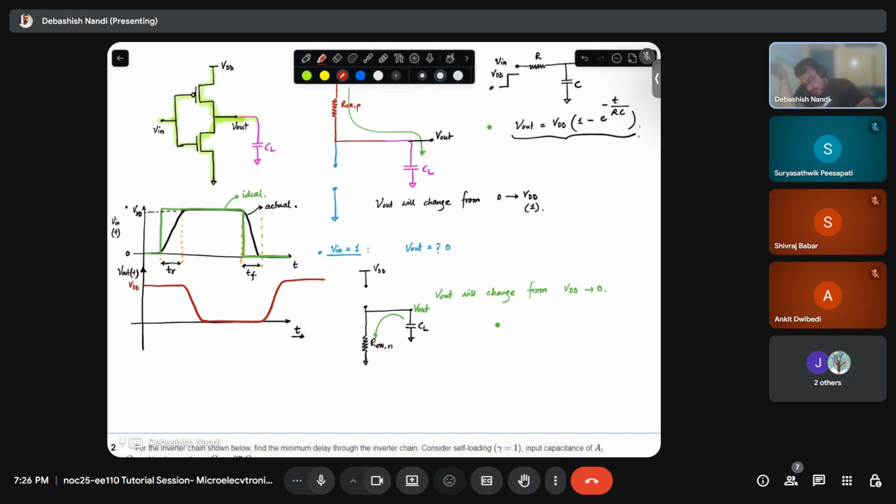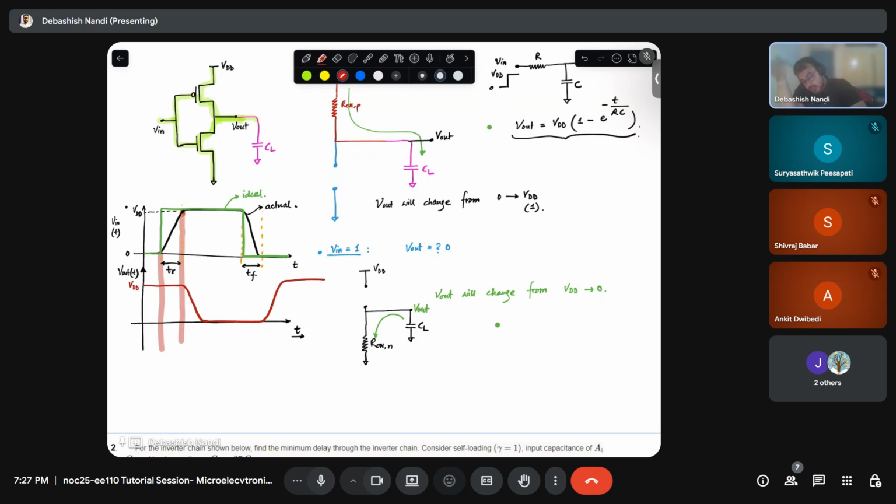That is why, if I see the peaks, there will be a time difference. That is the propagation delay of the signal from input to output, and this is valid for any combinational block.